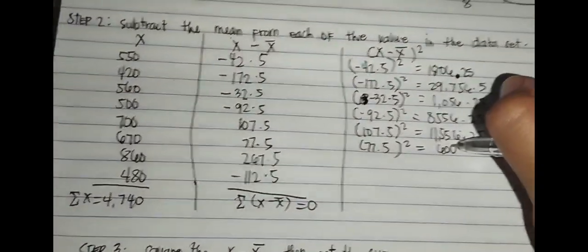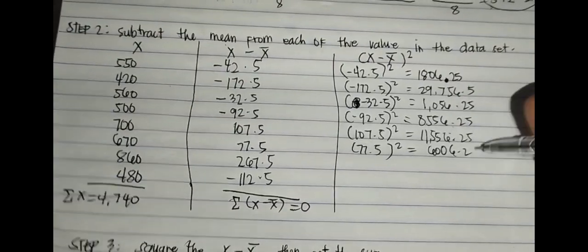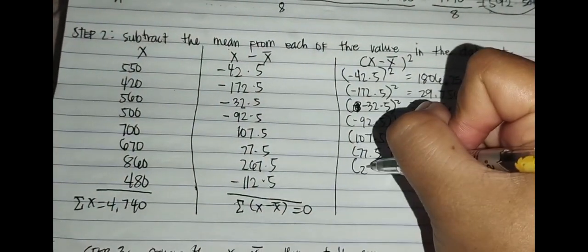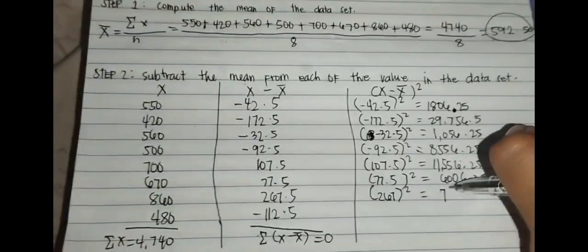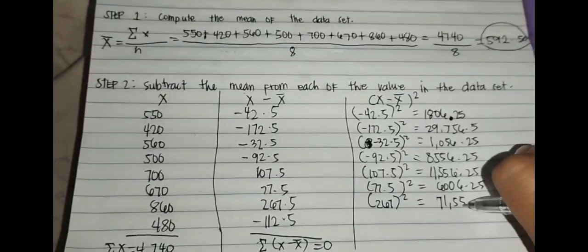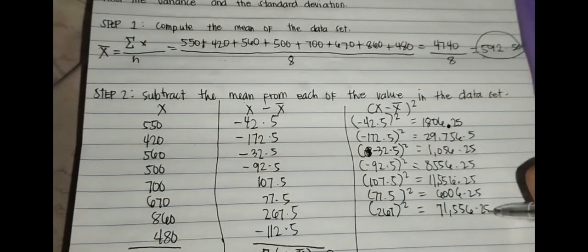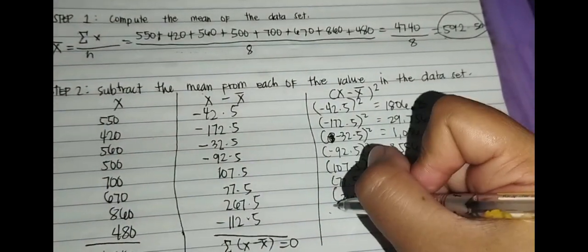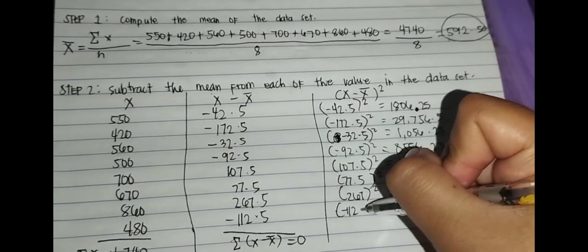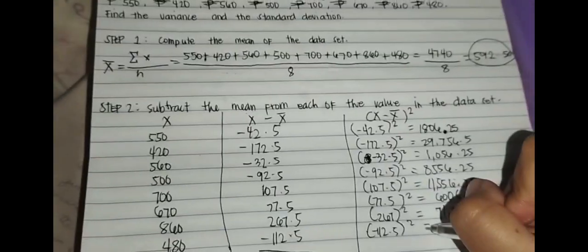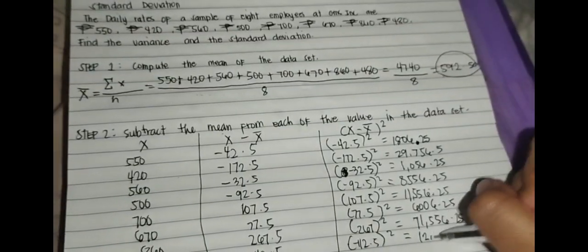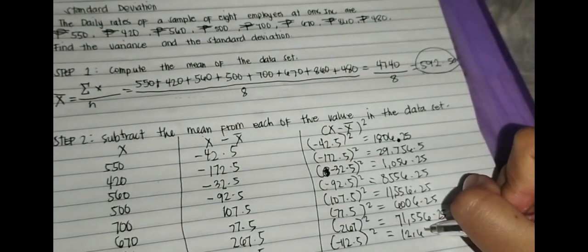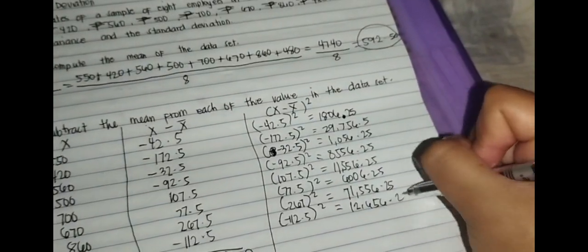Equals 6.25 tapos squared equals 71 6.25 tapos negative 0.12 squared equals 126.25.